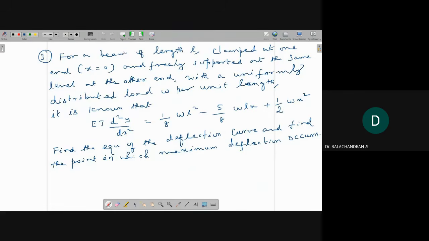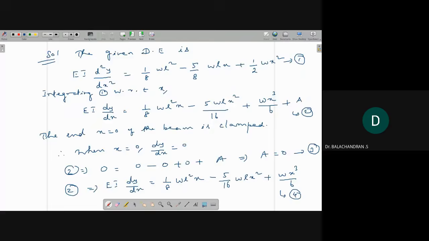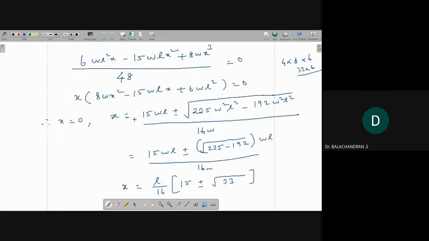It is given that the length of the beam is L. This point, 15 plus root 33, exceeds 16. Root 33 is around 5 point something, so it is 20 point something. 20 divided by 16 is more than 1, so it is more than L. So it is beyond the beam; x is not in the beam.